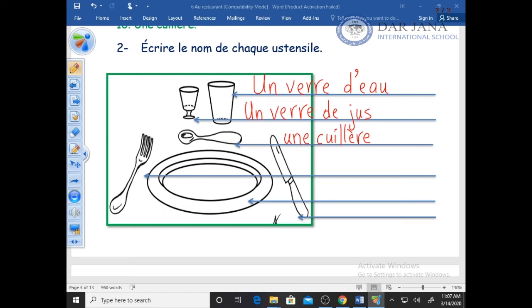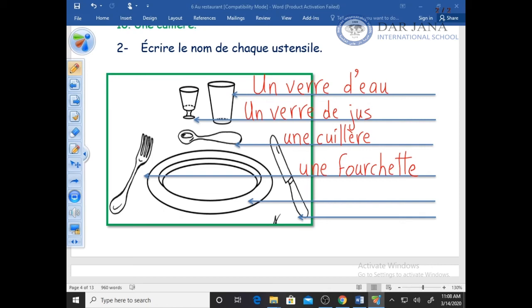On continue. A fork, que veut dire? What does it mean in French? A fork is une fourchette. Alors, a fork is une fourchette. Okay.